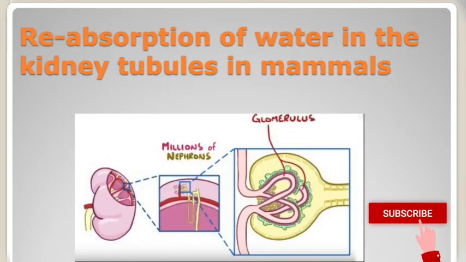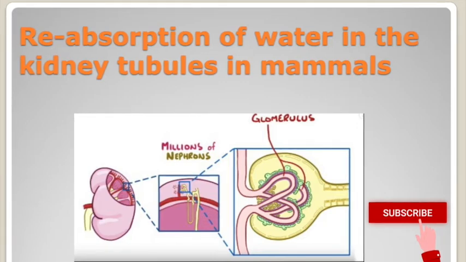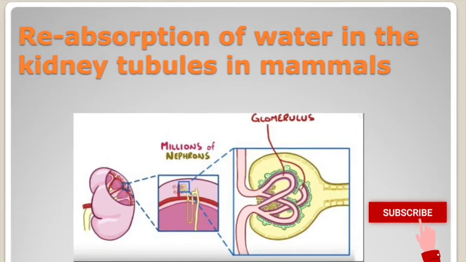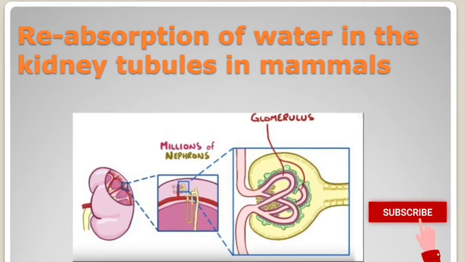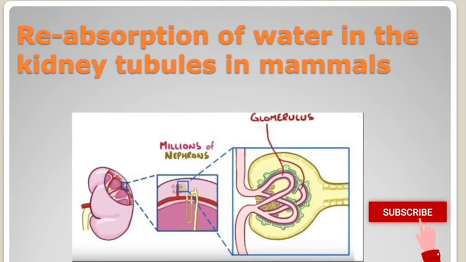So let us look at them. The first one is the reabsorption of water in the kidney tubules in mammals. Reabsorption of water in the kidney tubules in mammals. So let me just click here. So we have the kidney, we have the unit of it called the nephron, and within the nephron we have the glomerulus.